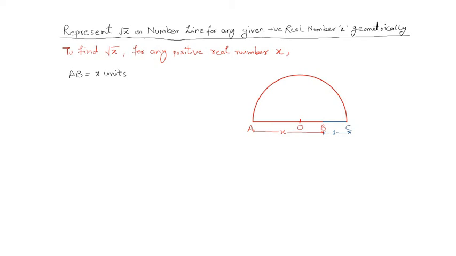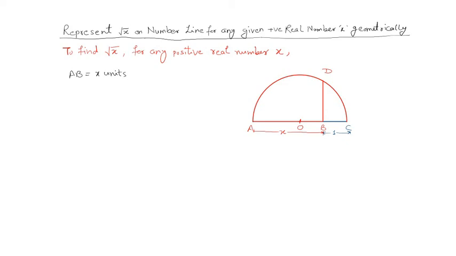Now draw a perpendicular line to AC passing through B and intersecting the semicircle at D. So this is a perpendicular line intersecting the circle at point D. This will be the point D. So we have to calculate this distance BD, right?